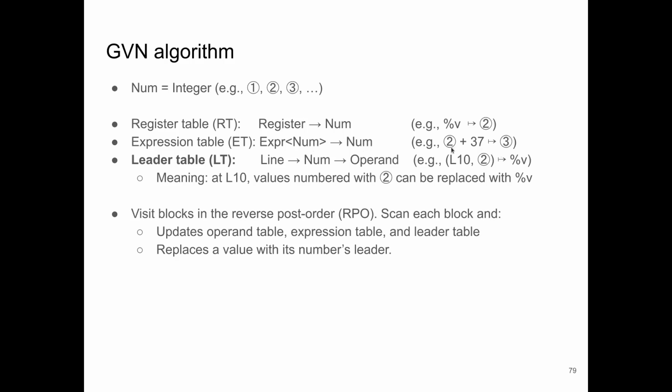For example, we can say that number 2 plus 37 is numbered with 3, instead of %v plus 37 is numbered with 3, because it will represent a more general idea. The value that is represented by number 2 plus 37 is the value that is represented as number 3.